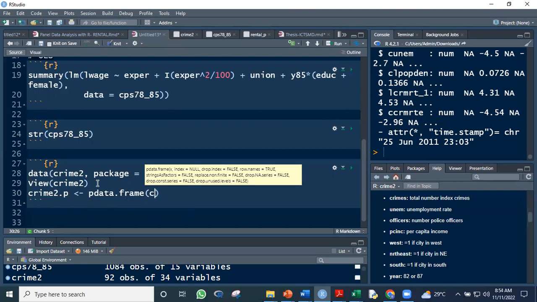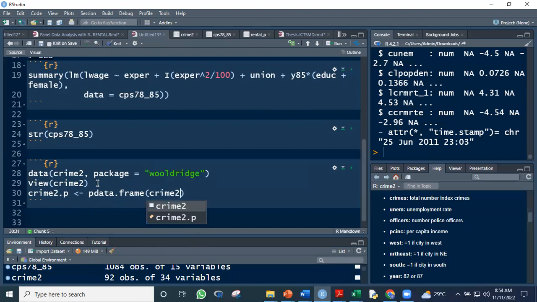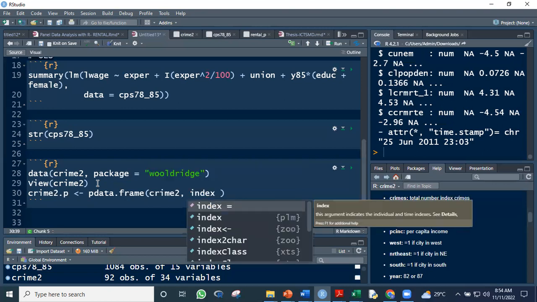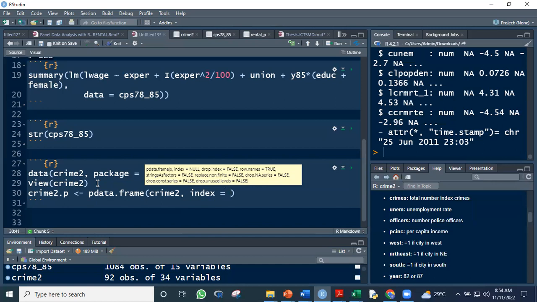And then sabi natin, di ba, identify the data. And then pwede natin gawin class na we can define the index to be equal to. So ang index natin will be ilang cities. So 46 siya.